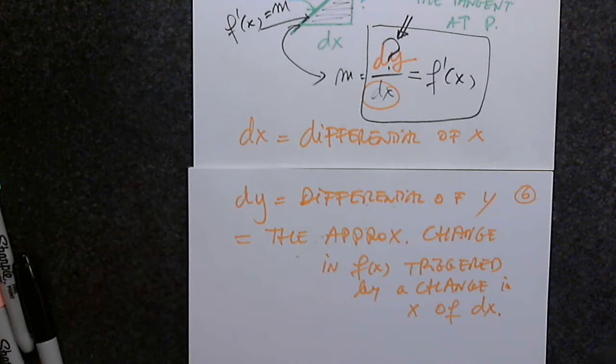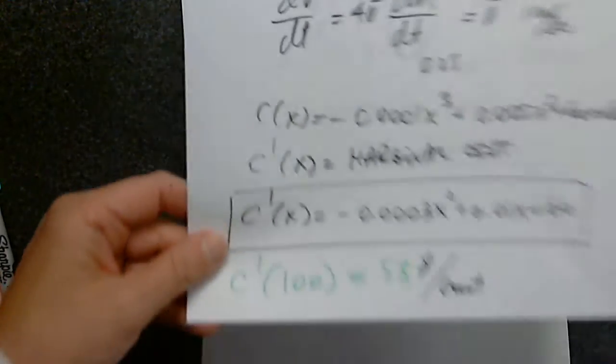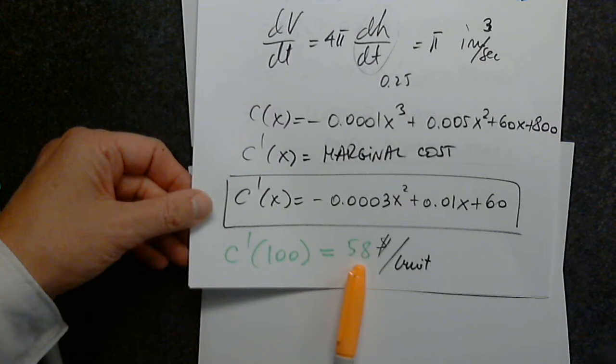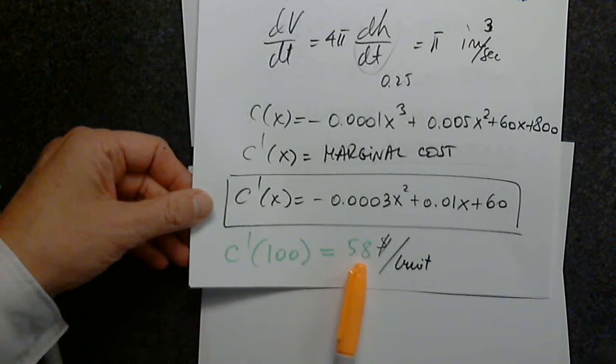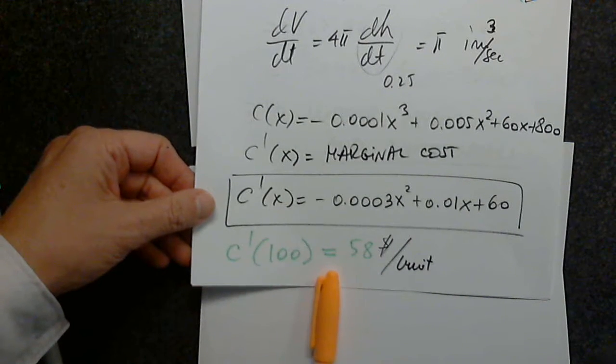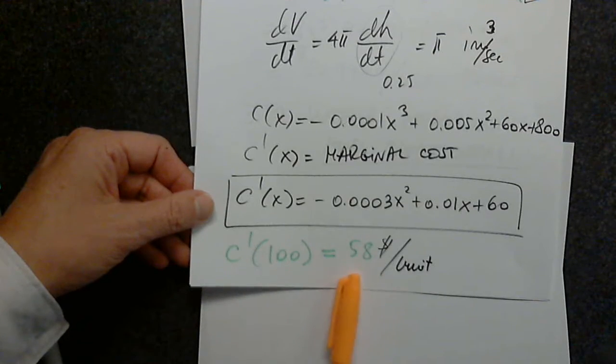So coming back to the problem we looked at a few minutes ago. What is this? dy. This is the approximate change in the function for a minor change in x.